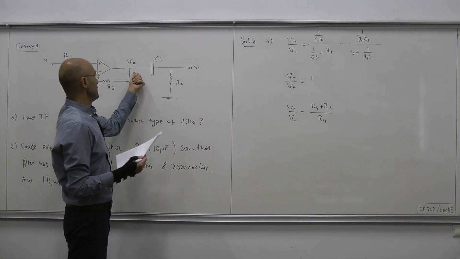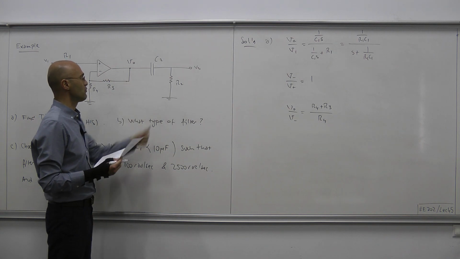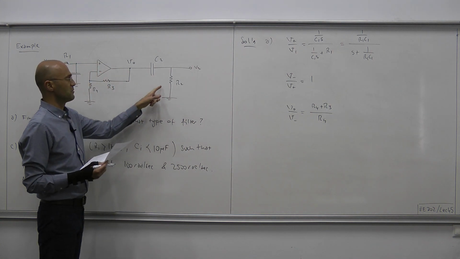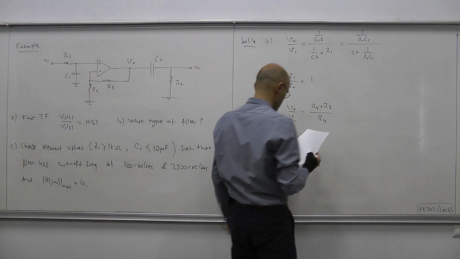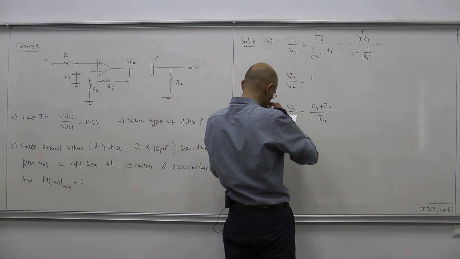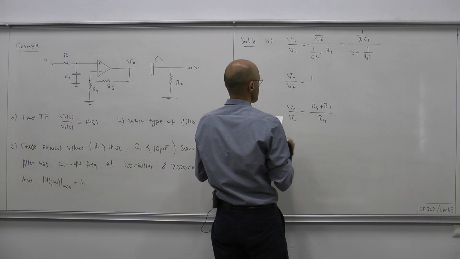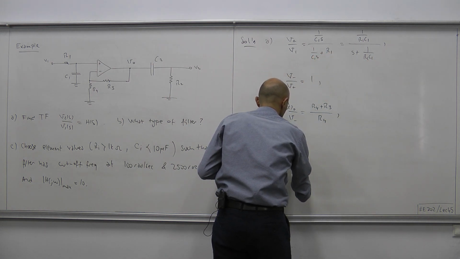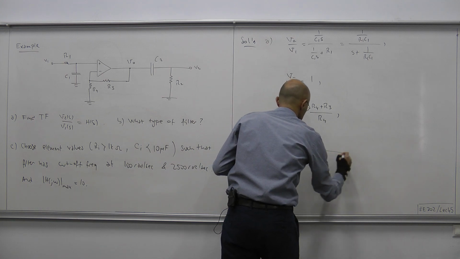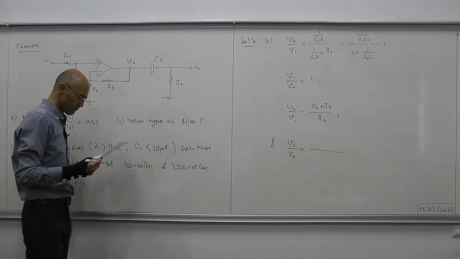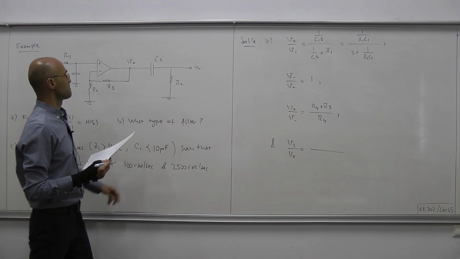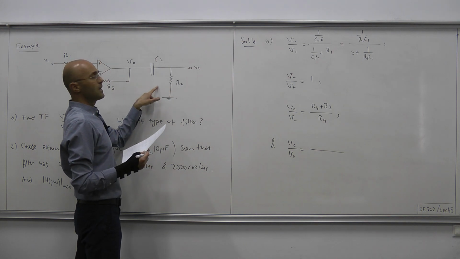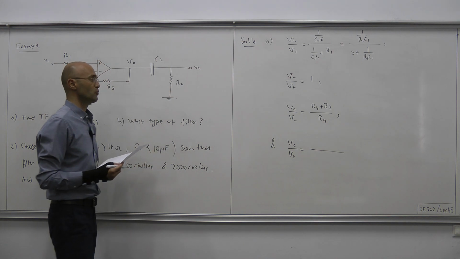And then finally, let's figure out the ratio of V2 to V out, which again we compute through a simple voltage division. V2 over V out equals R2 over the overall impedance seen by this node voltage V out.